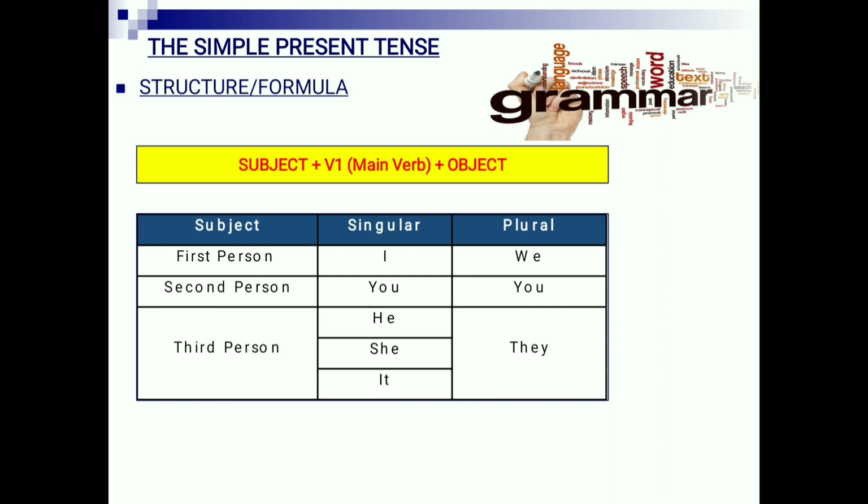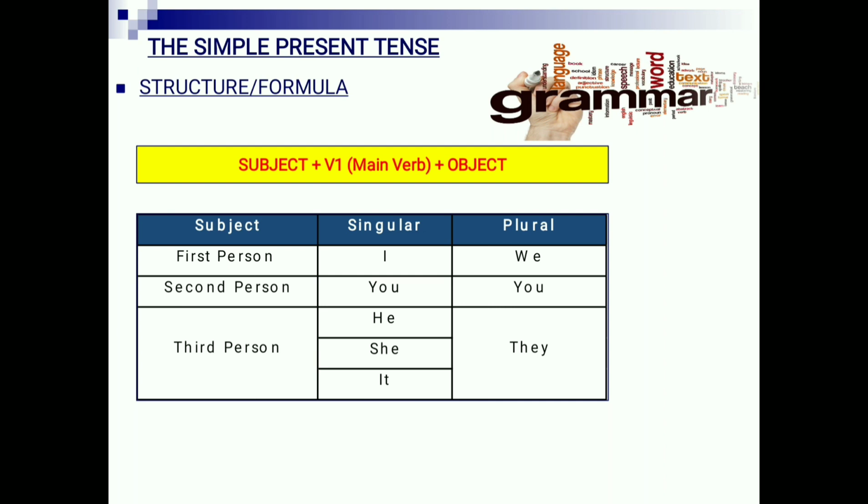First person, when it is singular, we use I. When it is plural, that time we use we. Second person, when you are speaking to the person, that person we call second person, and we refer to it by using the word you. And when it is plural, then again we use you.